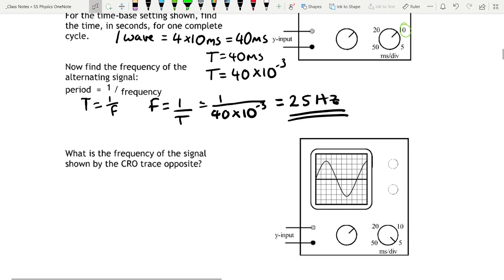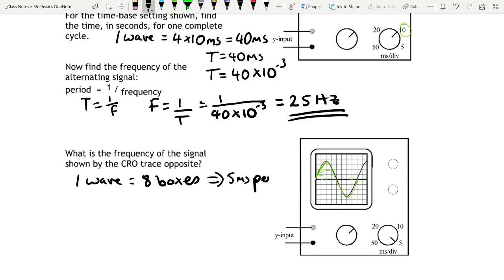So another example here. We've got a slightly wider wave. One full wave spans that many boxes. That's 1, 2, 3, 4, 5, 6, 7, 8 boxes. So one wave is 8 boxes. And each box is 5 milliseconds per division. So one wave is 8 times 5 milliseconds.